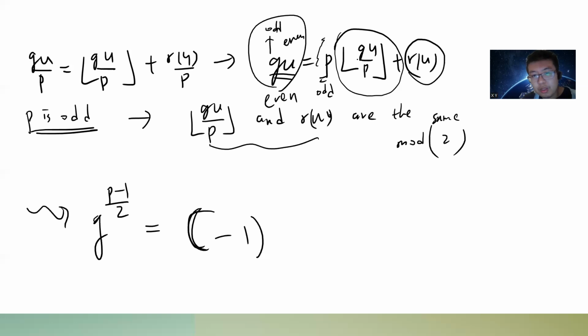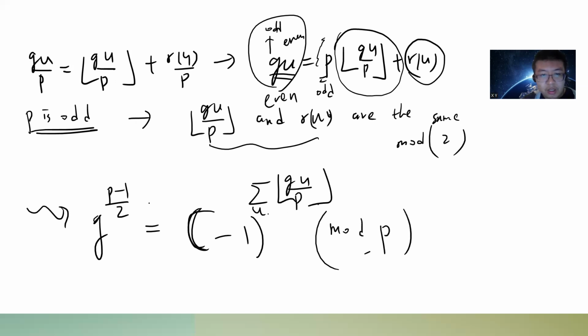It's just the sum of QU divided by P, because they are the same mod 2. Here U ranges over all the even numbers from 1 to P minus 1, mod P. So this guy is, by definition, just the Legendre symbol of Q over P.